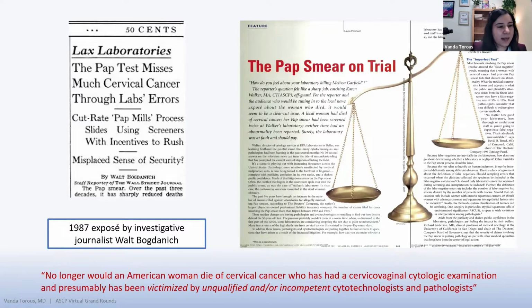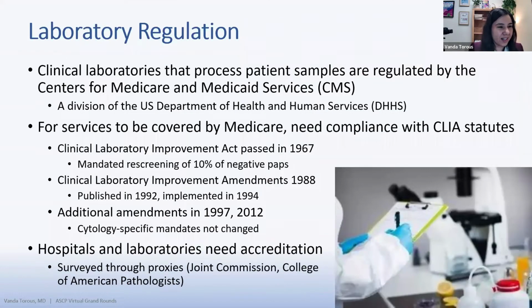So when we don't have these mandates and standards in place, there is a chance that things will not go correctly. So, following that, we did have more strict guidelines in place. The clinical laboratories that process patient samples currently are regulated by the Centers for Medicare and Medicaid Services, CMS.